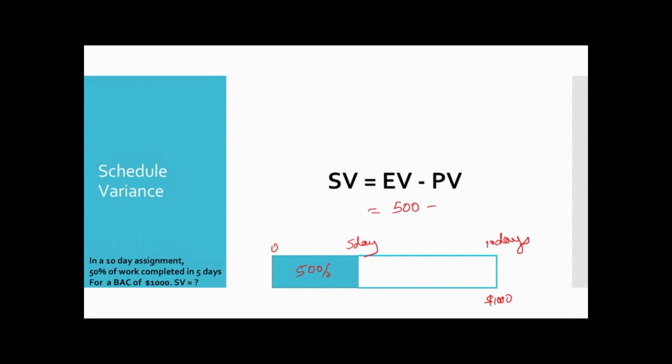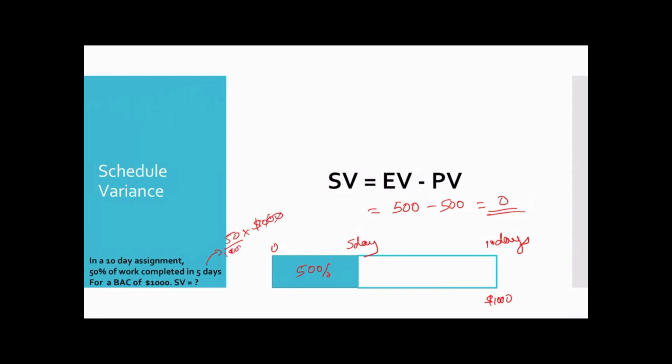It says 50% of the work completed, so you have planned that. That's again 500. It's going to be 0, so there's no variation and you're on track. You don't have to worry about anything. The planned value, 5 days of work will give you the details of like 50%, 5 into $1,000 divided by 100.